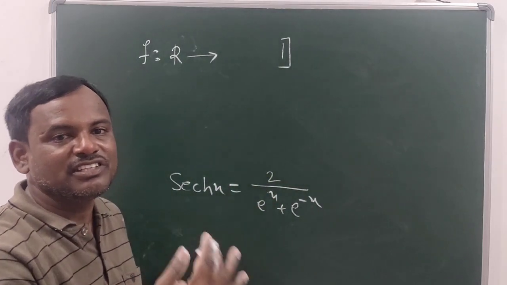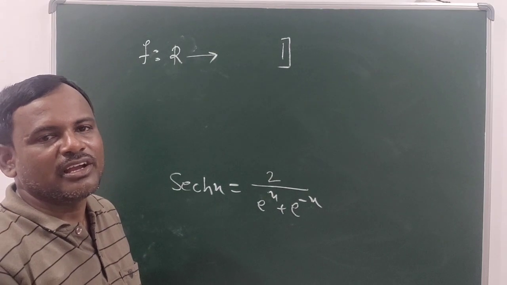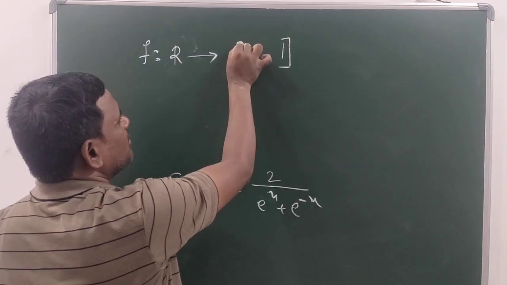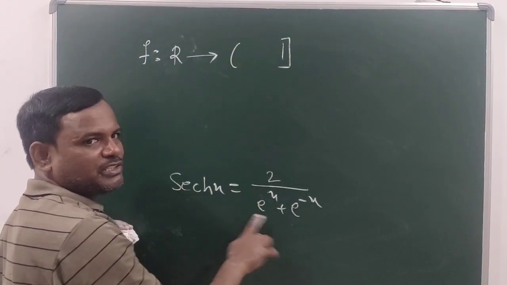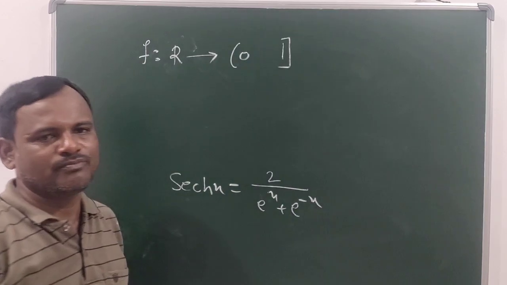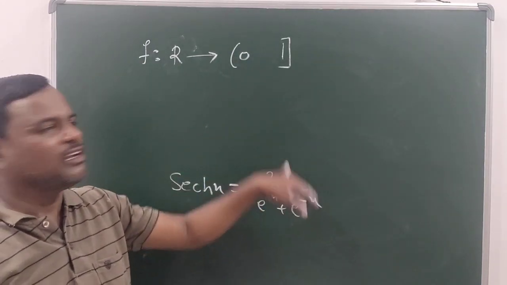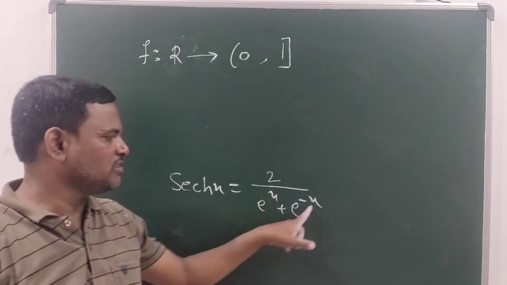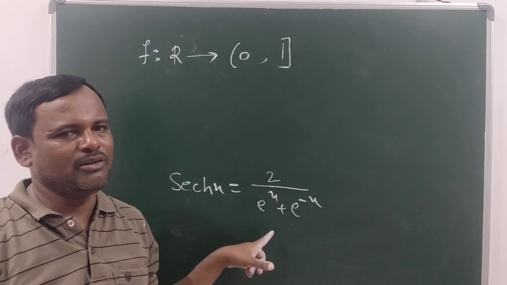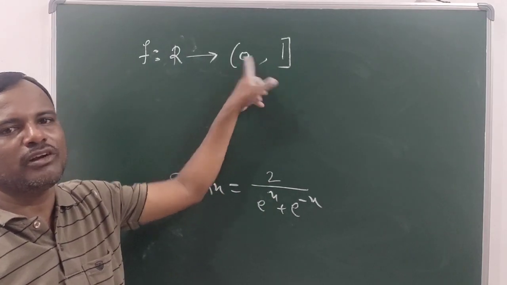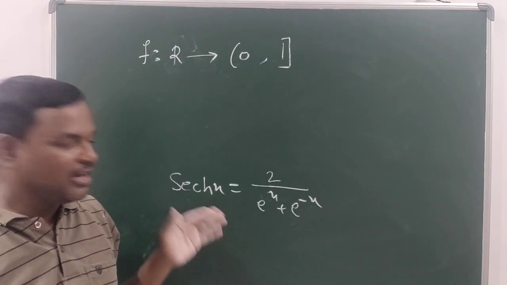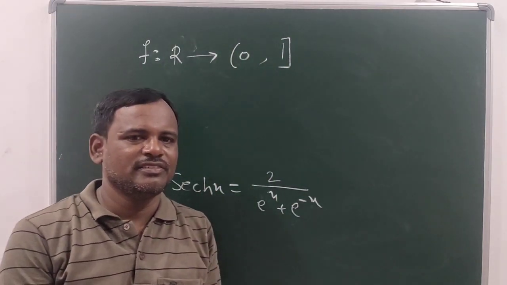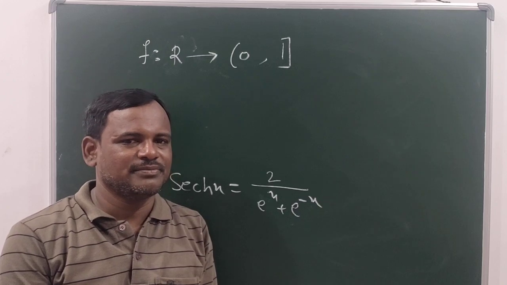Hence, that division will be smaller than 1, but more than 0. It never becomes 0, no? Open interval of 0. So this result will be 0 to 1. There is no chance to get a negative value here. So only positive quantities will come, and that too maximum value 1. So this will be the range for this secant hx.